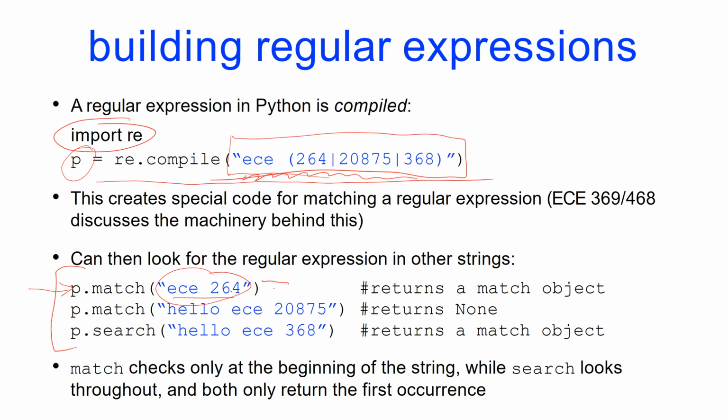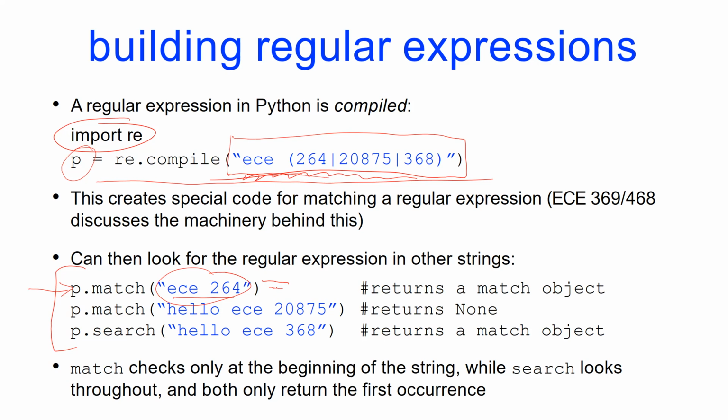Our pattern is specified as EC followed by any of those 3 numbers, so of course I will find a match here and return a match object. Later I will show you more examples in the Jupyter notebook. You will see it gives you the matched string and the starting and ending index.